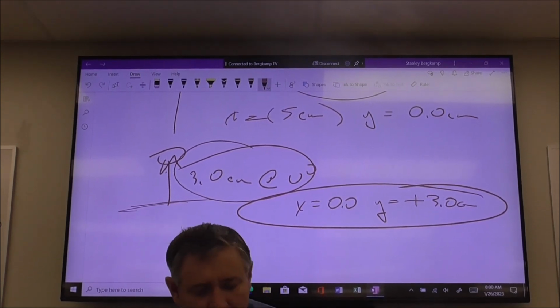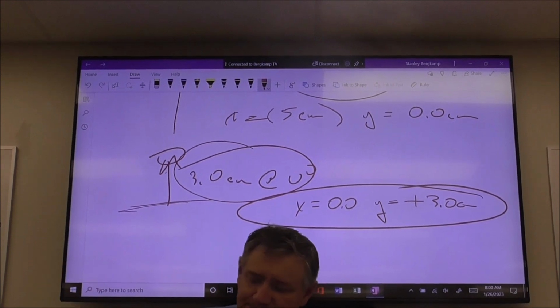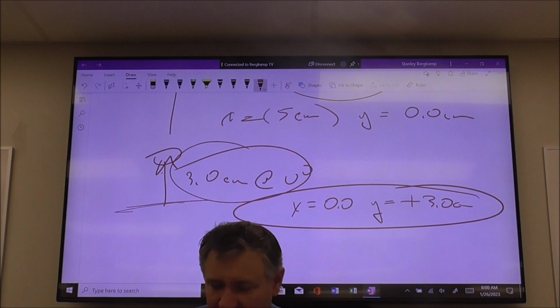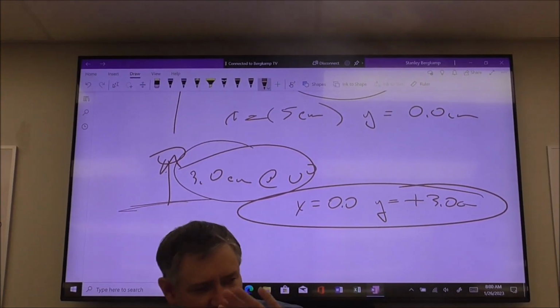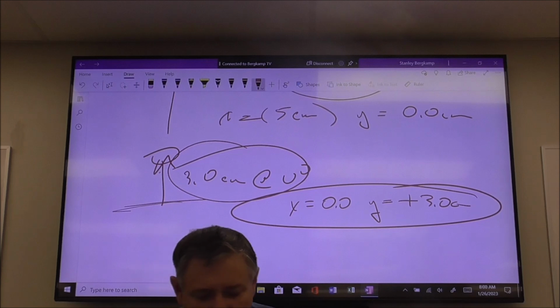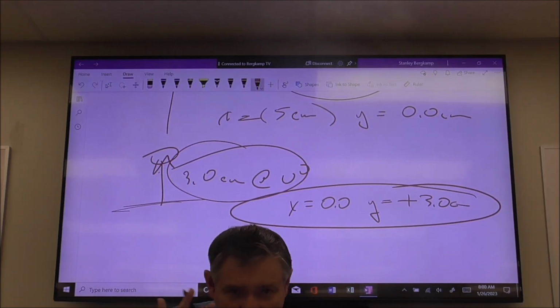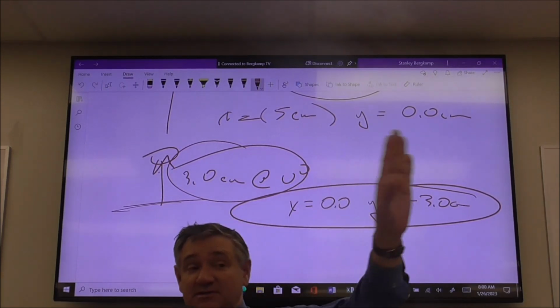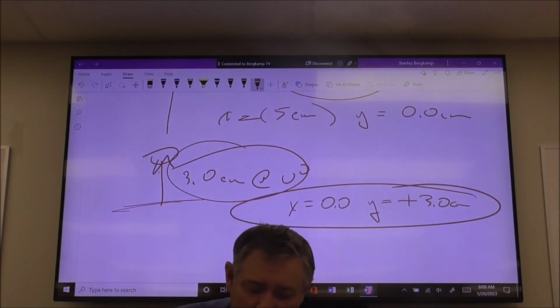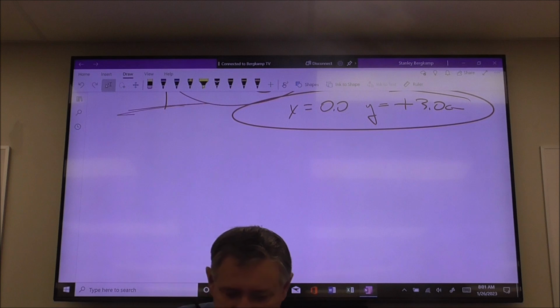Okay? Now, where it gets tricky, and again, initially we're just going to draw these out. Okay? We're only going to do this for a couple of them because you're going to see the pattern, and then we'll move on to using trig functions. Okay? So this one, again, this is a whole new assignment. So you're going to need another sheet of paper.